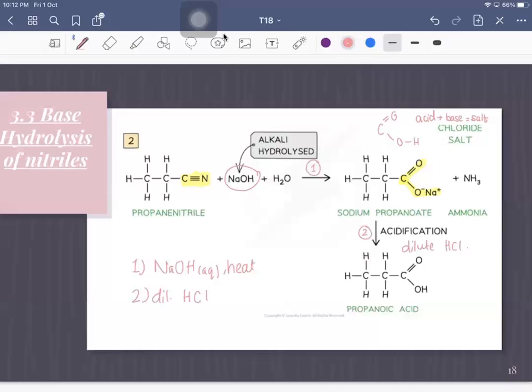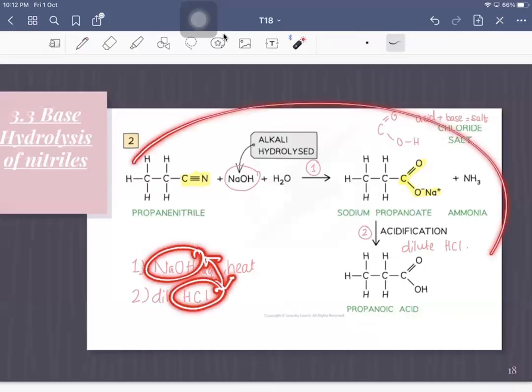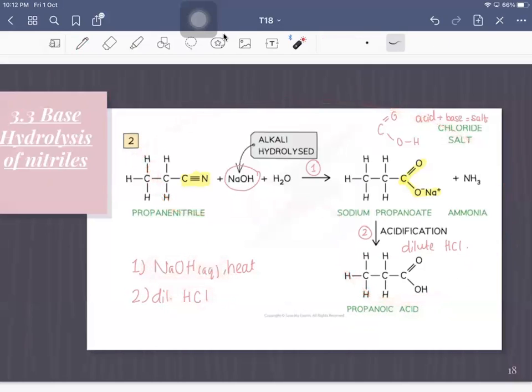If you mix them together, sodium hydroxide and HCl, what happens? They will react with each other, and this other reaction probably will not happen. So it's important for you to separate your first reagent to add in to form your salt, and then only you throw in your second reagent for the acidification process.